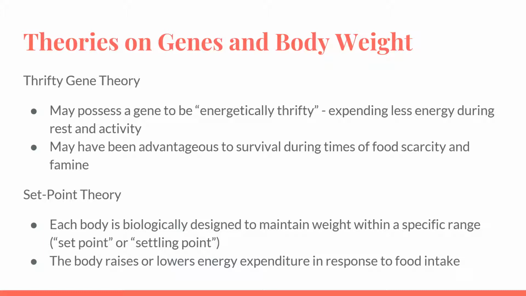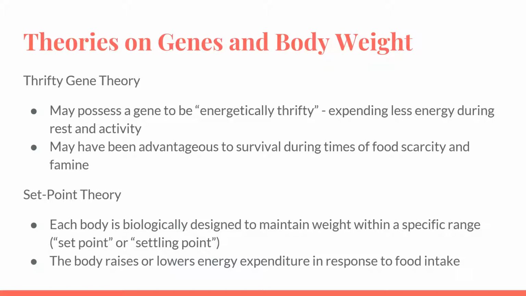energetically thrifty. This theory is derived out of looking at how humans have evolved and knowing that not very long ago, humans experienced much more famine than we do currently in modern times. And so individuals who are able to survive through times with low food availability maybe had this advantageous gene to be energetically thrifty.